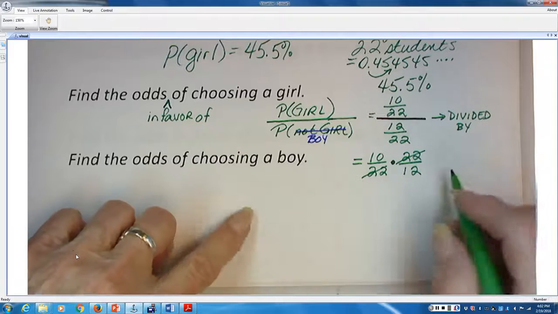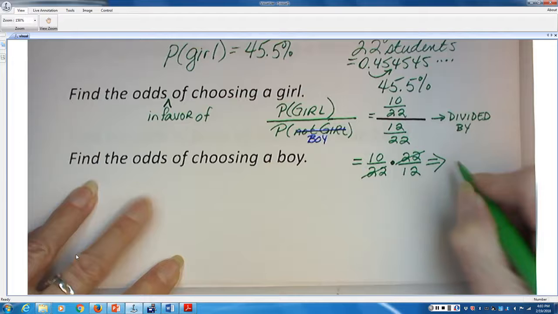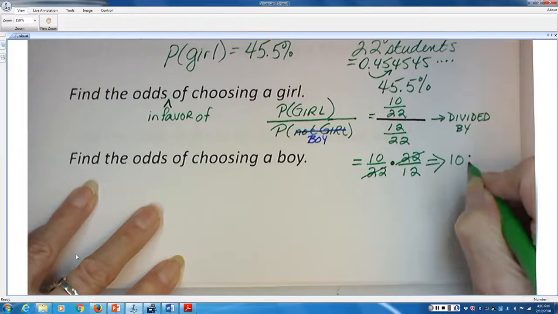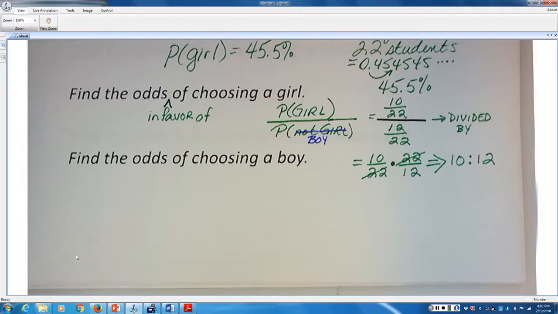The expression of this would be 10 to 12. Basically, that means there's 10 chances of getting what you want and 12 chances of not getting what you want. Okay?